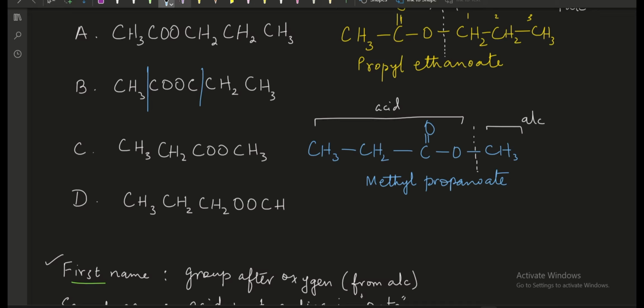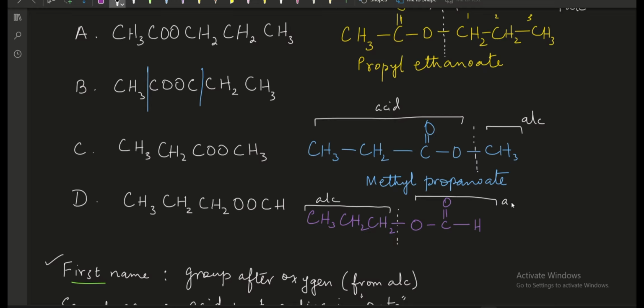All right, then the fourth one is CH3, CH2, CH2 group in it, then O, CO, and then H. So now let's name it. The part that comes after oxygen comes from alcohol.